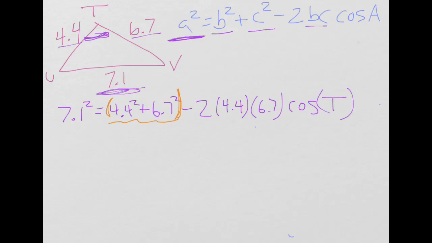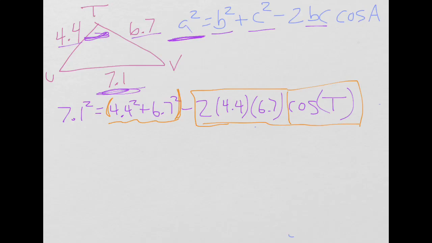We have that term minus this whole product here. 2 times 4.4 times 6.7 times the cosine of t. We want to isolate this cosine of t, so in order to do that, notice we're going to have to divide by that bit right there. But before we do that, since we have subtraction here between these two terms, we should get rid of that 4.4 squared plus 6.7 squared first.